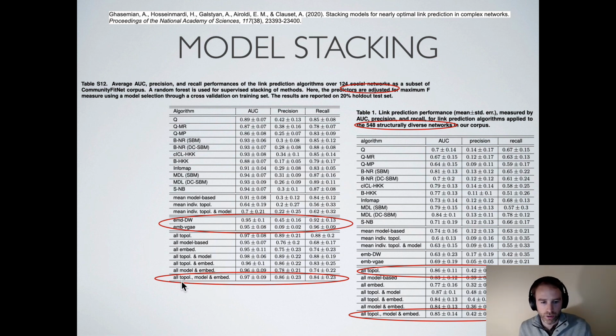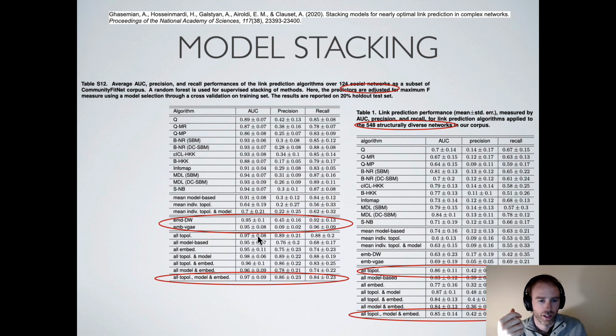In the results, these are all the different methods: modularity, InfoMap, stochastic block model, embeddings, and topological approaches, so heuristics. They have shown that, depending on the type of network, so this is overall for all the networks, and this is only for the social networks, the results are quite different.